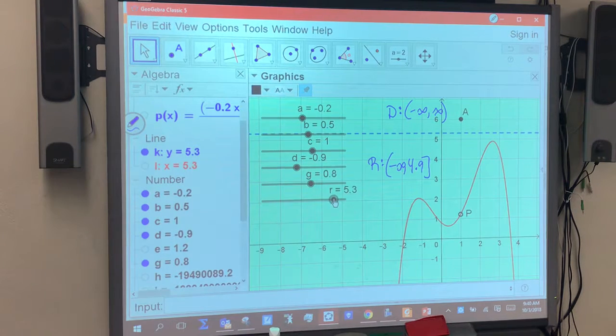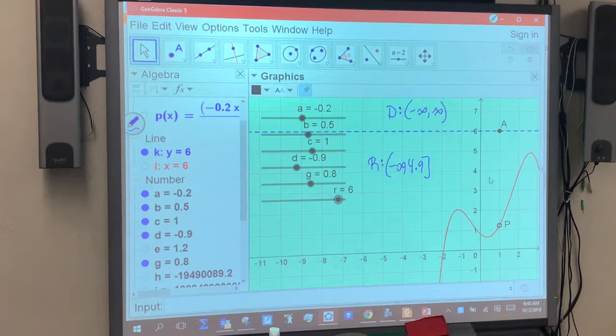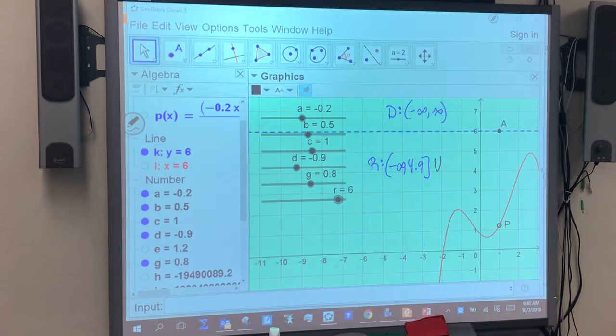Are the y values between like 5 and 6 part of my range? No, that dotted line's not intersecting my graph, right? Is the dotted line now intersecting my graph? At what y value? 6. So the way we show that we have to include 6, because it is a y value of some ordered pair on my graph, but it's only 1 point, right? So we union, and we do that, okay?